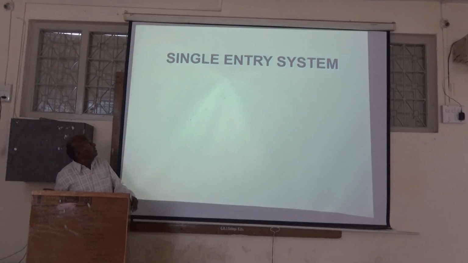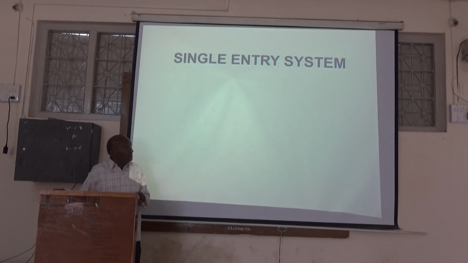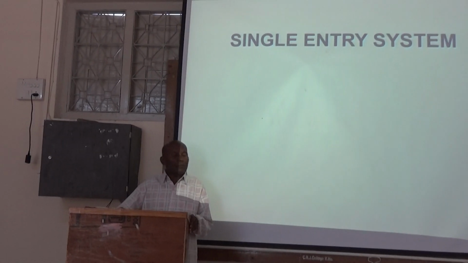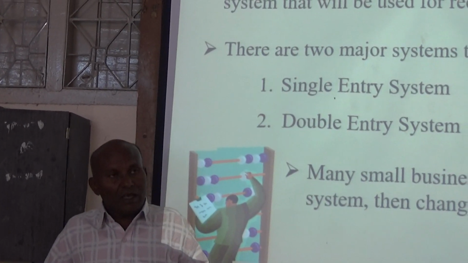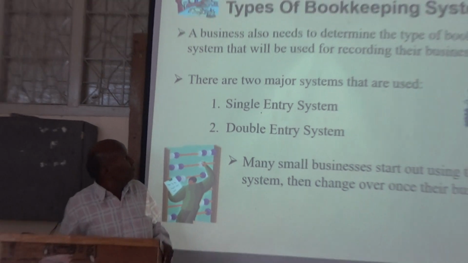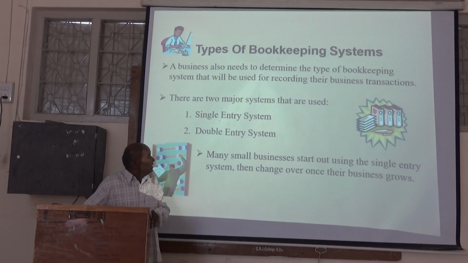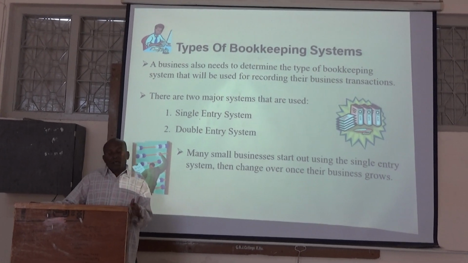The last unit in our syllabus is the single entry system. We already studied in standard 11 that there are two systems of recording business transactions. First is the single entry system and second is the double entry system.